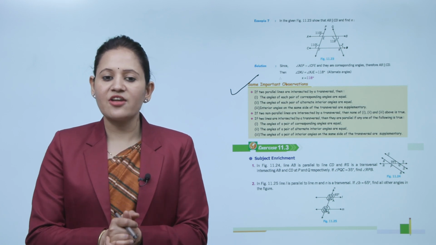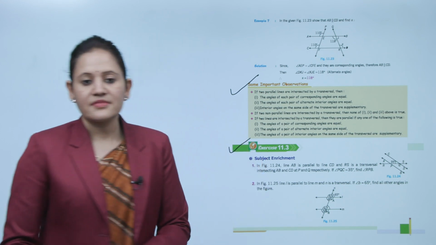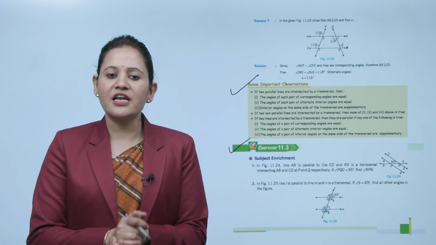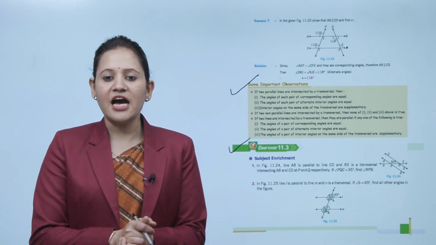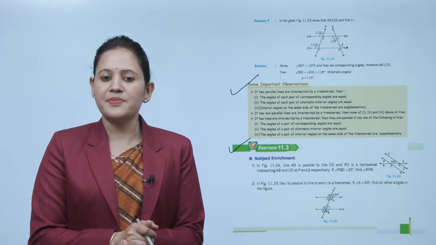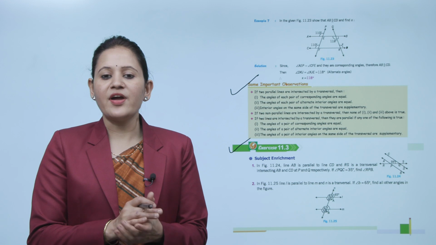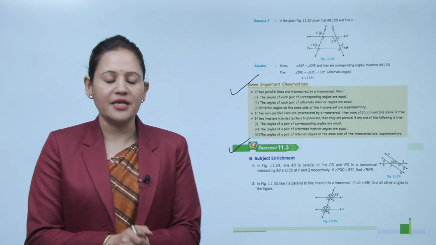Next is exercise 11.3. In figure 11.24, line AB is parallel to line CD and RS is the transversal intersecting AB and CD at P and Q respectively. If angle PQC is 35 degrees, find the angle RPB.